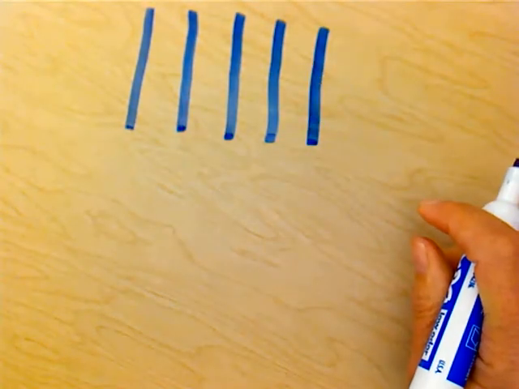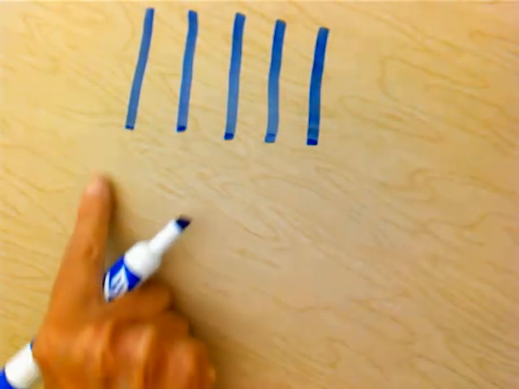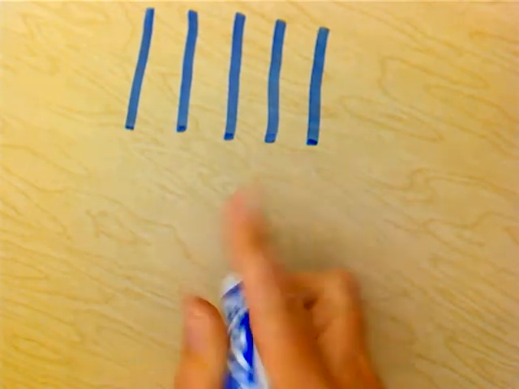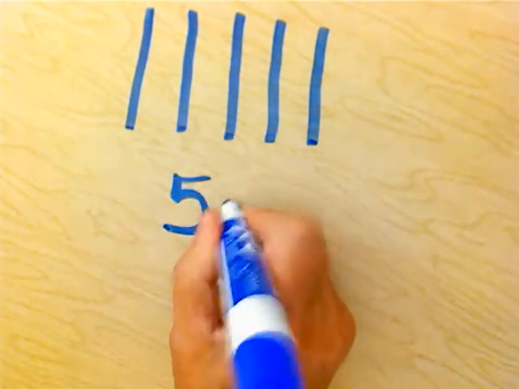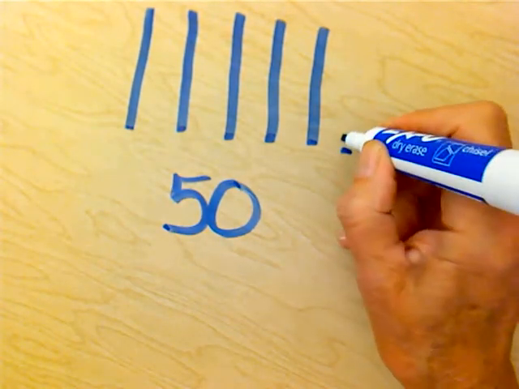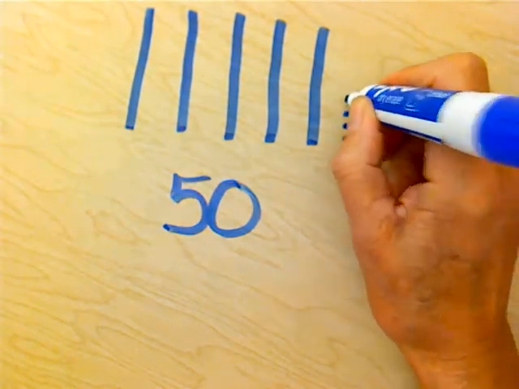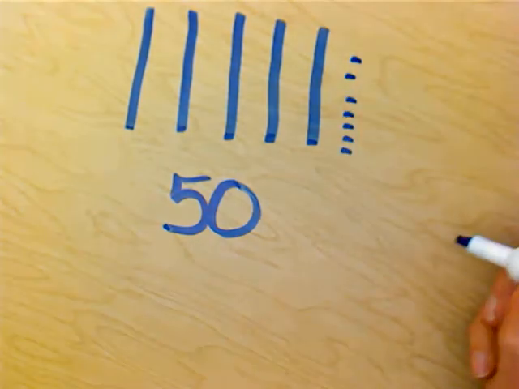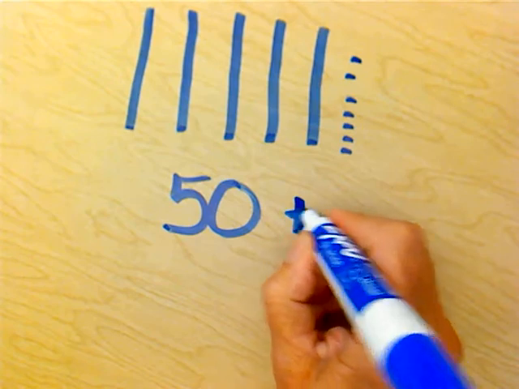So you figure out, there's my tens. Can you count how many there are? Did you say that there was 5 tens, which has a value of 50? That's good. Now watch my ones. There's 5, and 2 more makes 7.